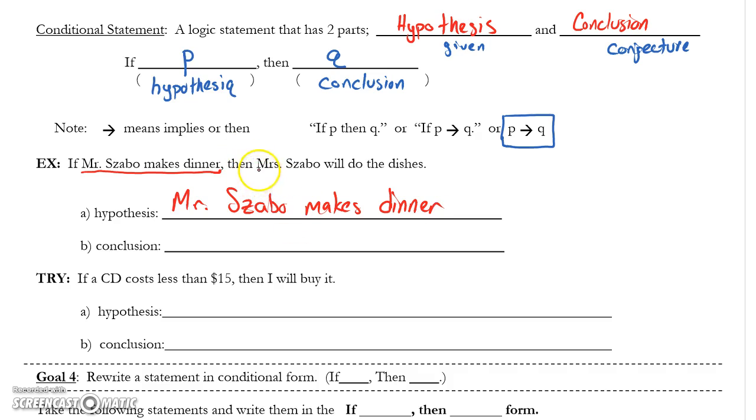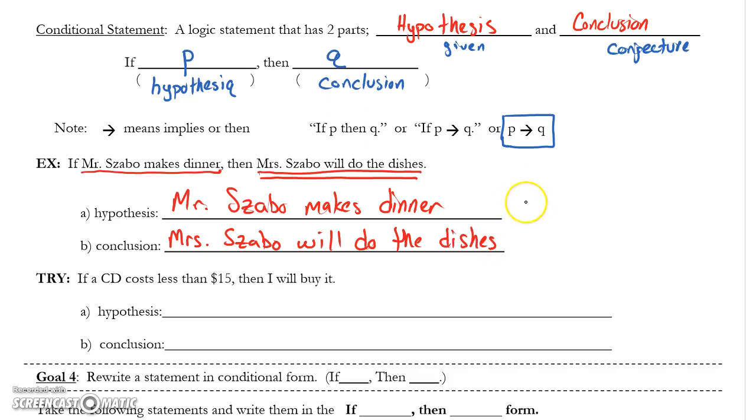Everything after the then, not including then, is your conclusion. So our conclusion or conjecture is that Mrs. Szabo will do the dishes. So just like on the first page, this here on the top is my given, this here on the bottom is my conjecture.